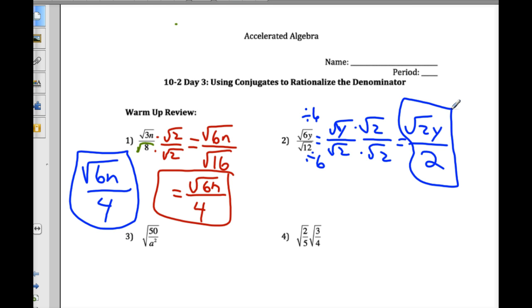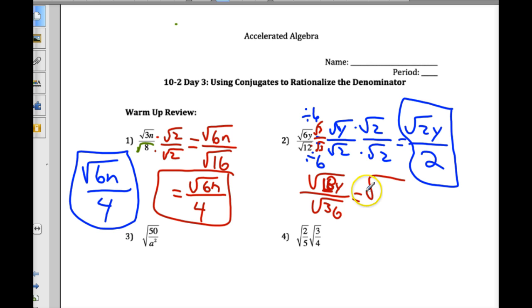You totally could have multiplied by radical 3. Guys, if you're going to use a radical, say so. It would have been radical 18y over radical 36. But now, look what that is. 36 is a perfect square. It comes out. Wait, did I multiply wrong? It's 18. I multiplied wrong.